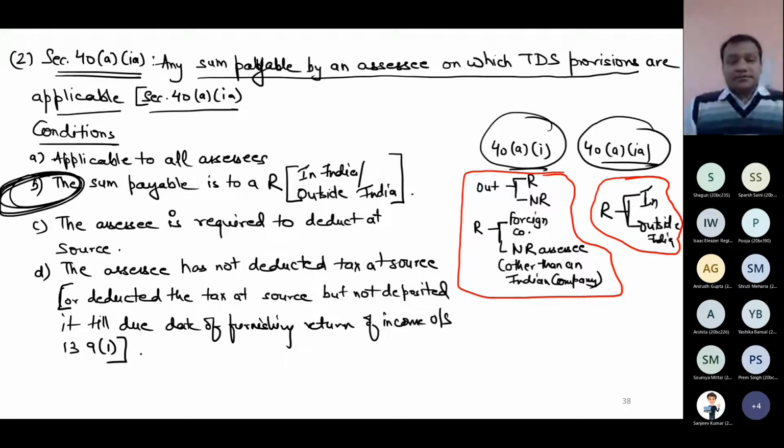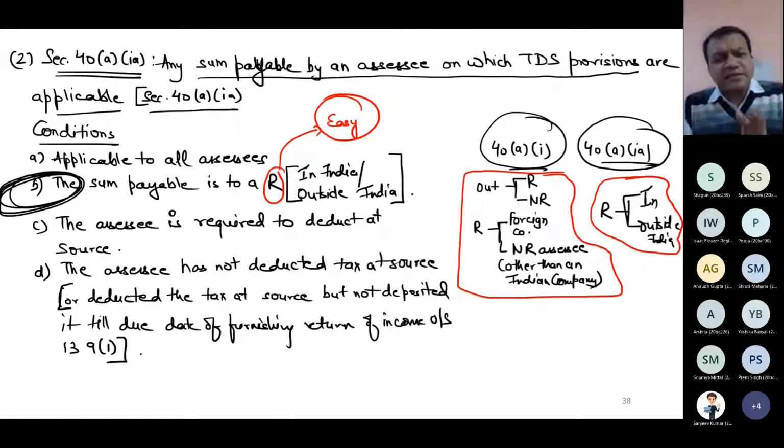The remaining is the same. Now since in this case payment is made to a resident, it is easy to trace a resident defaulter. In this case, the defaulter is not the recipient. The defaulter is basically the payer.